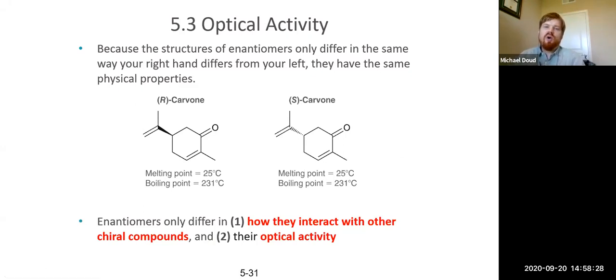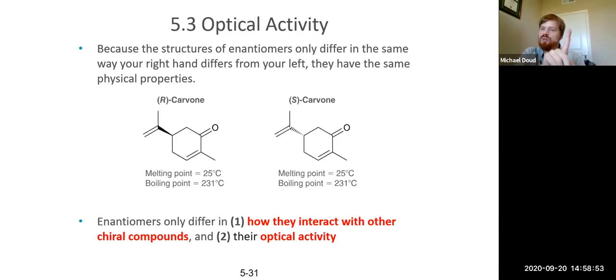But one thing we want to keep in mind, and this is something we're going to talk about in the next set of slides, is optical activity. Basically, because the structures are only different in the way that your hands are different, they're going to have the same physical properties for the most part because they interact with each other in the same way.